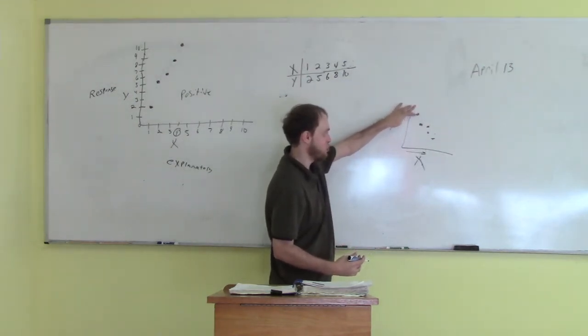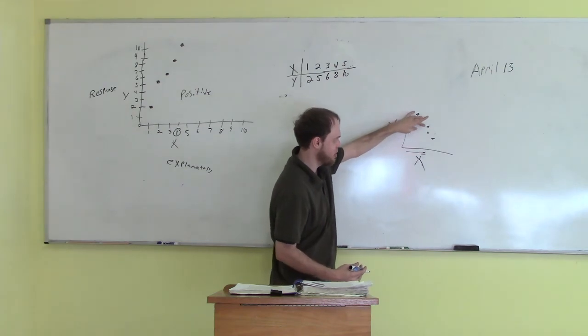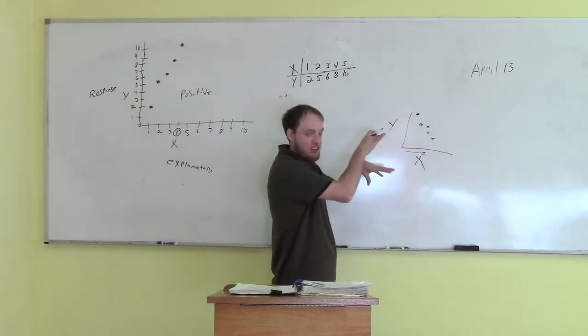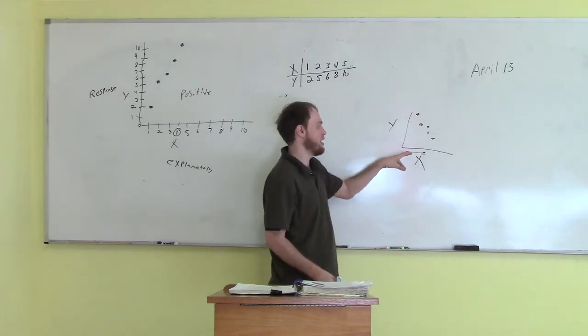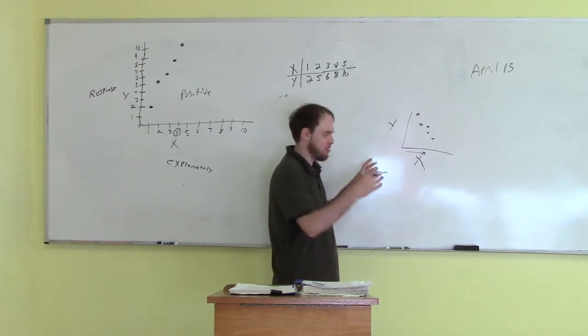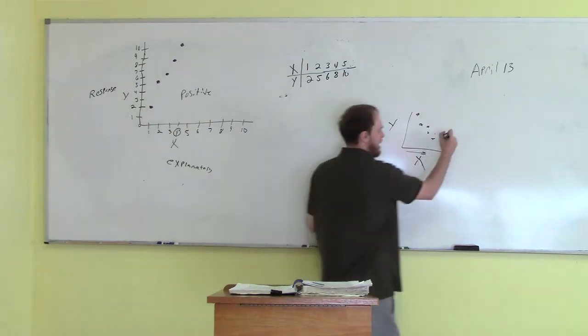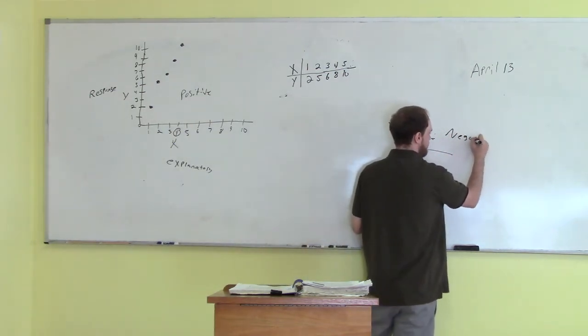So this first y will be up here, the second one down here, third one, fourth one, fifth one, and so notice that that trend is coming downward. The x's are going to increase, you're going bigger on the x, but the y's are decreasing. So that will be an example of a negative.